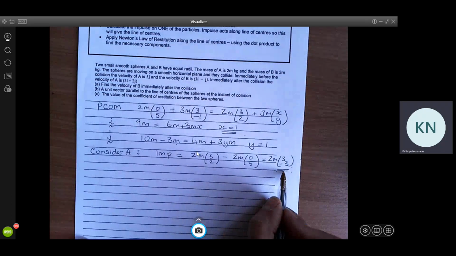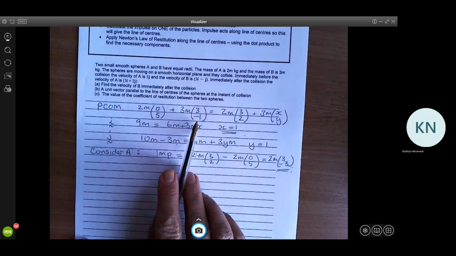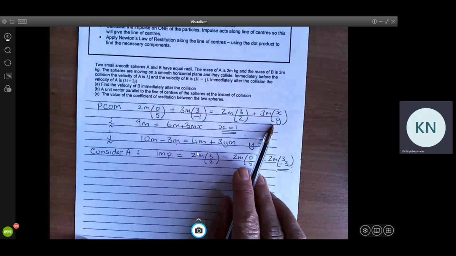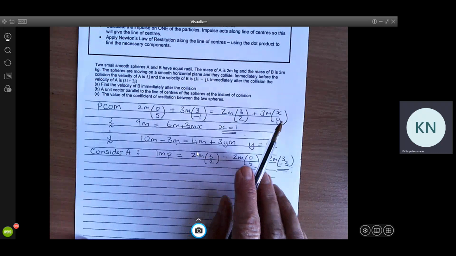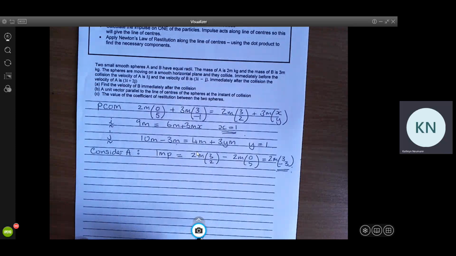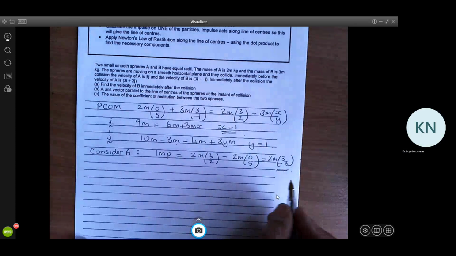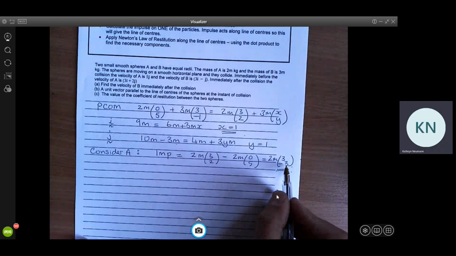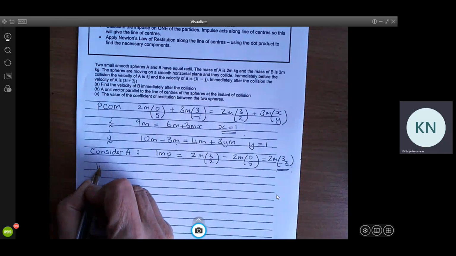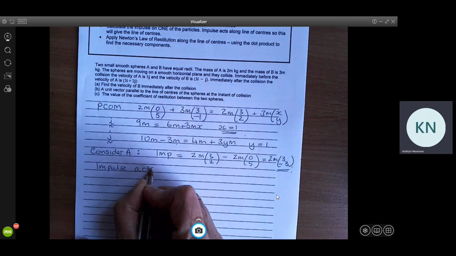This is the direction of the impulse. I could have used particle B to find the impulse, but because we worked out that velocity there, it's better to use particle A because we were given both of those. So, working through this, we know that this is the direction of the impulse.